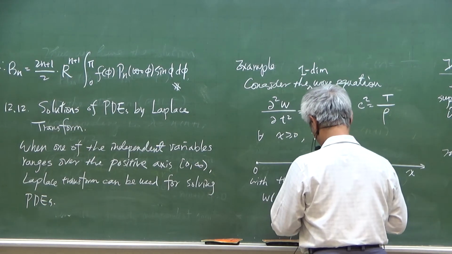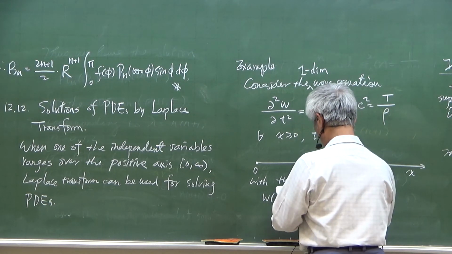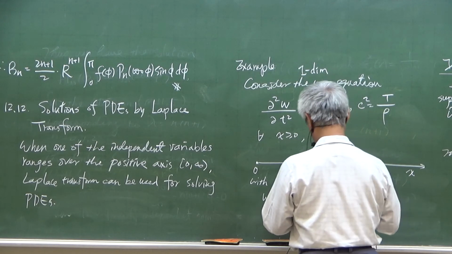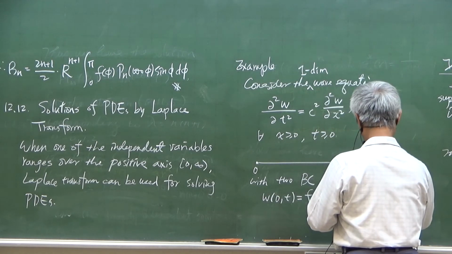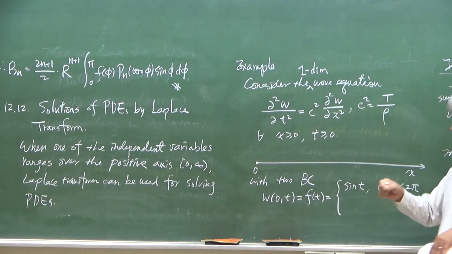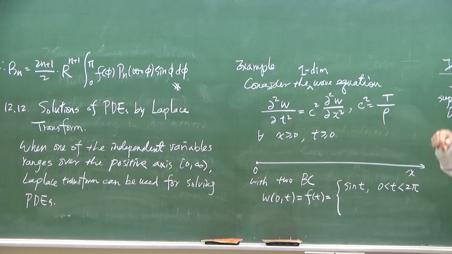Suppose that f(t) is quite simple. We give a sine wave for one period, such that you have up, down, back.